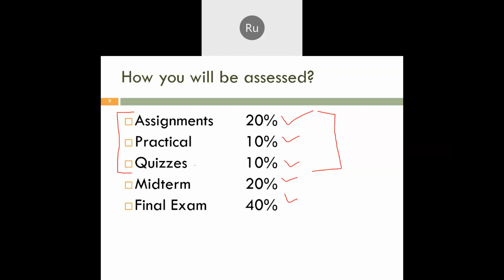You will be taking the quiz online. We will set the expiry time for you to complete the quiz before the deadline. We will have the midterm in week 7 or 8, and then the final exam.